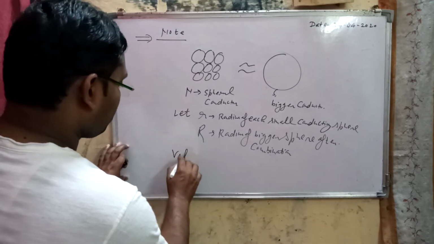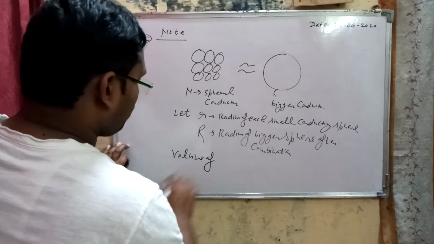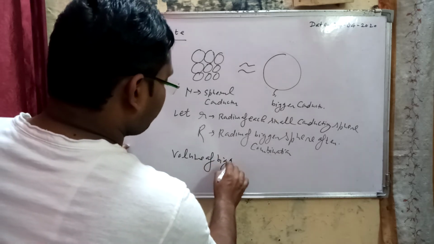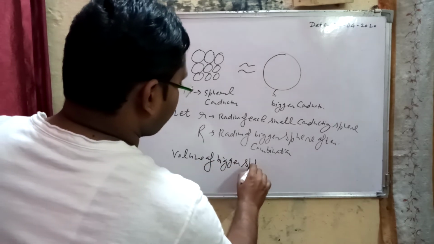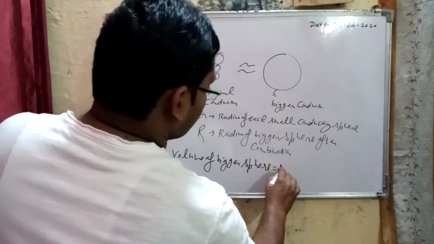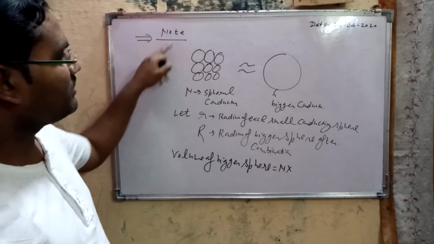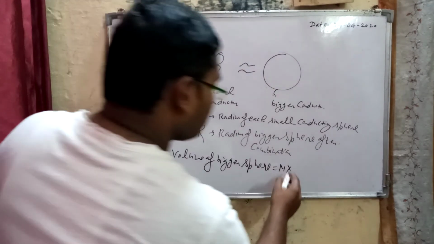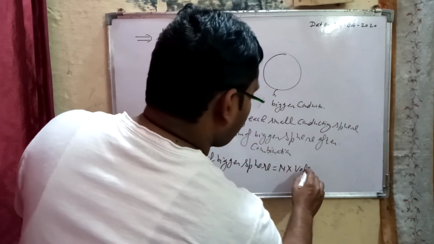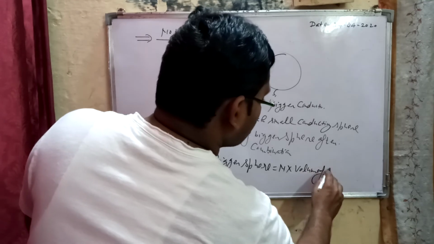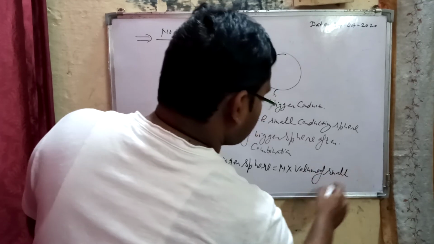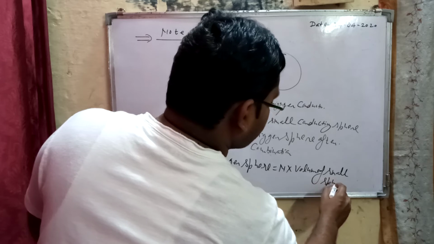Now the volume of the bigger sphere is equal to capital N, where capital N is the number of smaller spheres, into the volume of a small sphere.